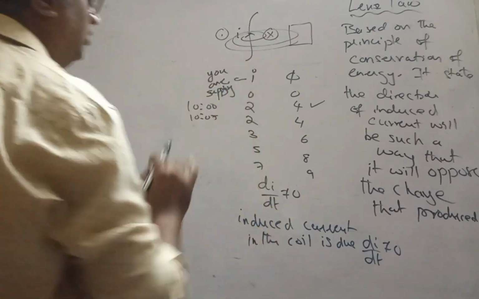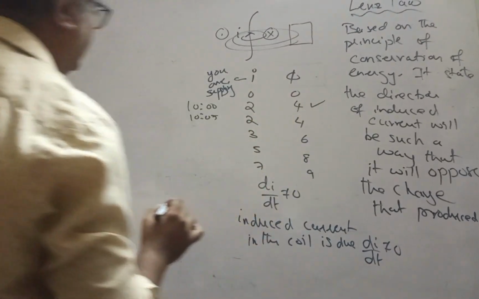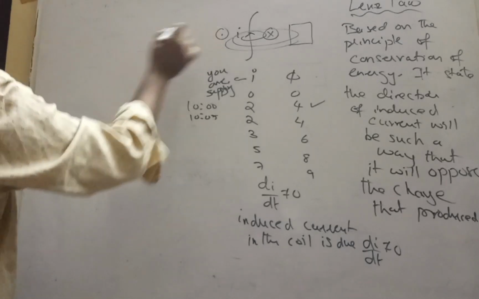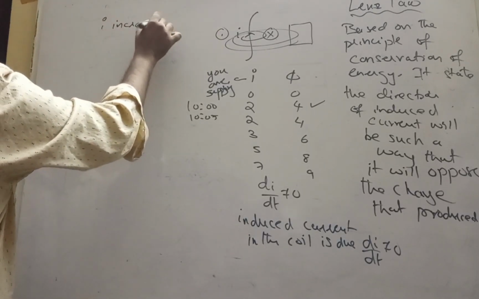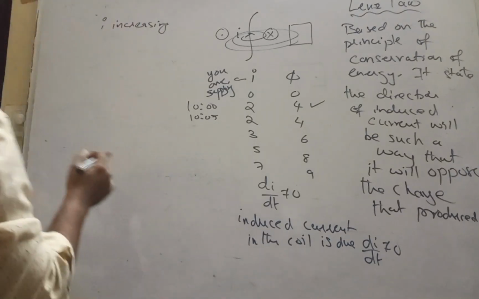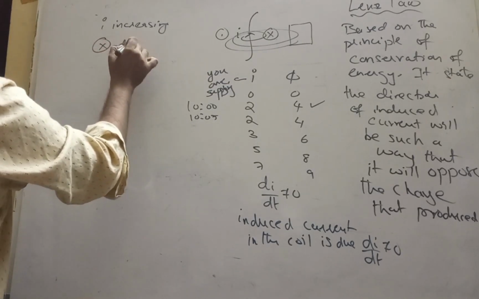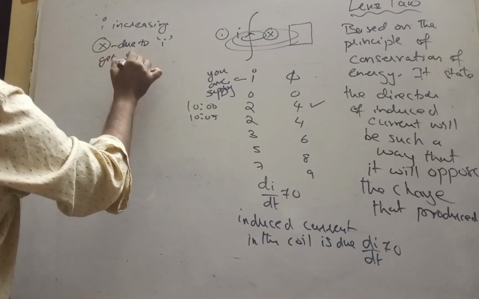Now we have to know the direction of the current that will come in this coil. Suppose we take the case where I is increasing in the coil. The cross, which is due to I, gets stronger and stronger.